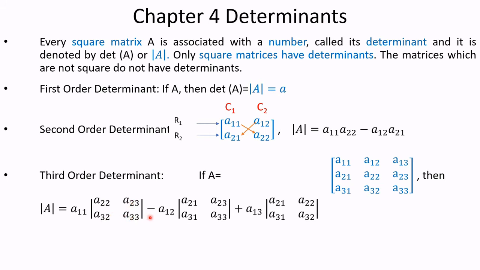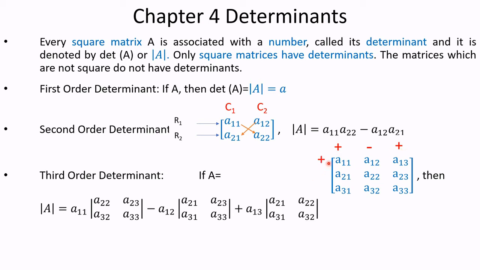Minus. When we go to the second element, it is minus. Here we start with plus, minus, plus. While multiplying and taking the sign of the cofactor, the signs denoted are plus, minus and plus as shown.